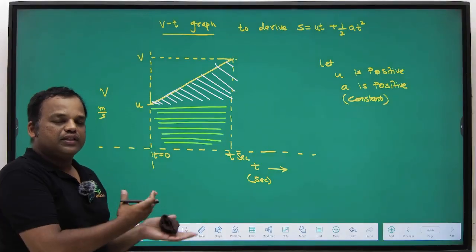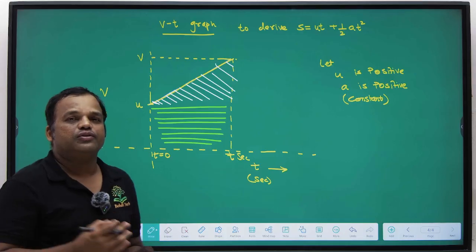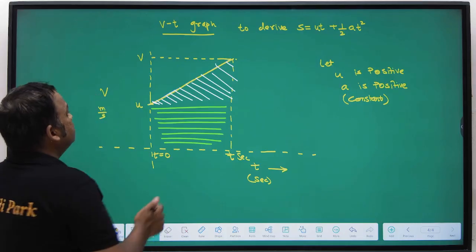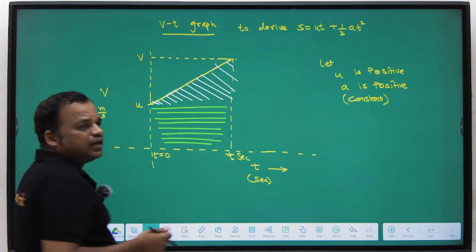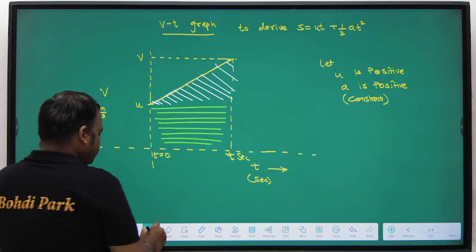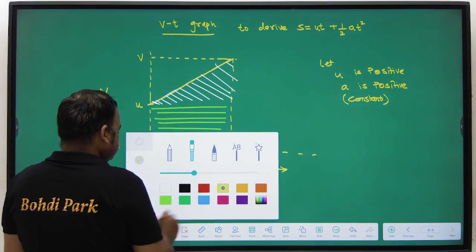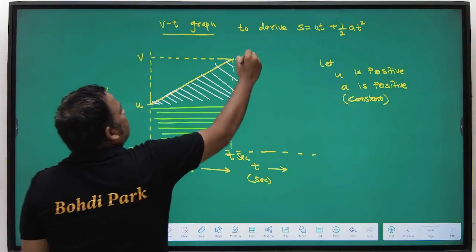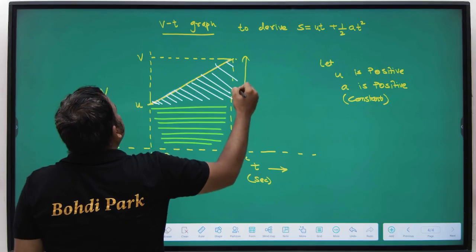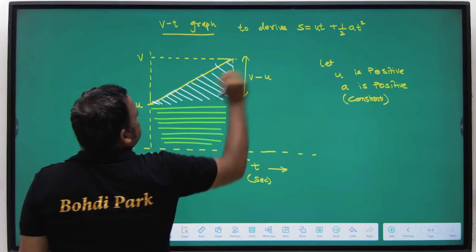We have to calculate this, and that will give you the total displacement. So the area of this triangular region will be half into base into height. The base is t and the height of this triangle is v minus u.